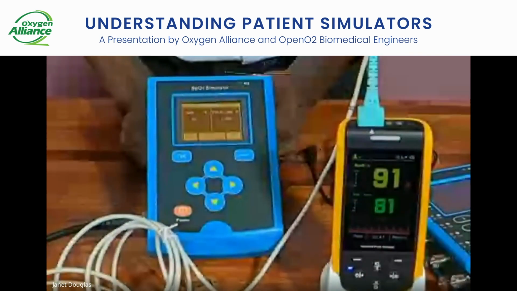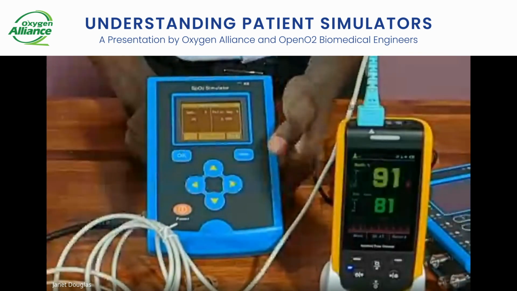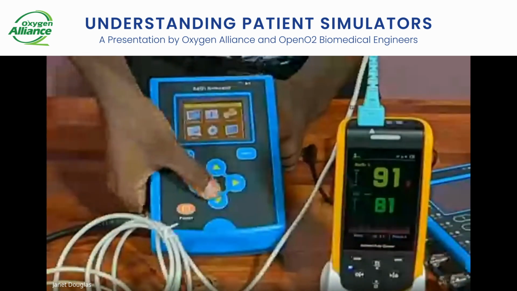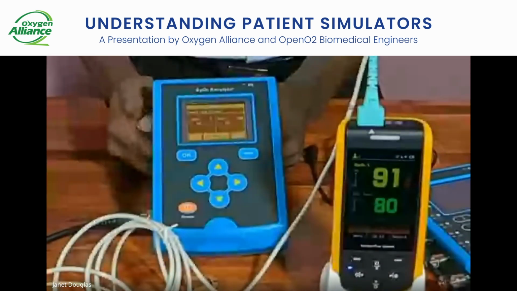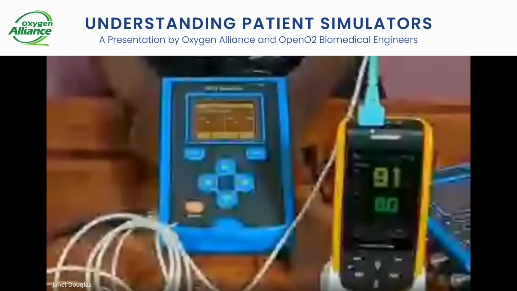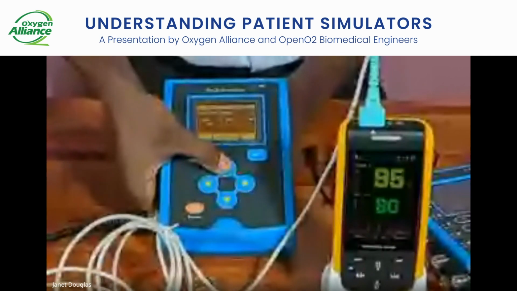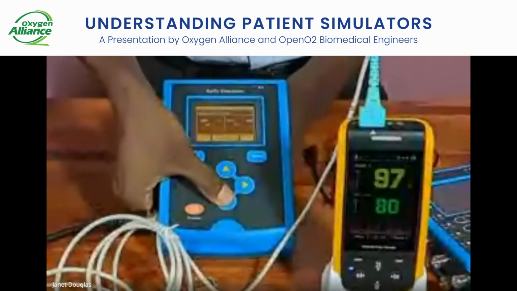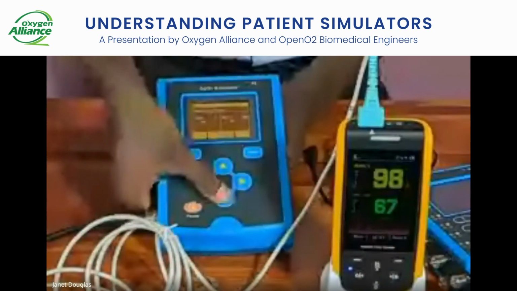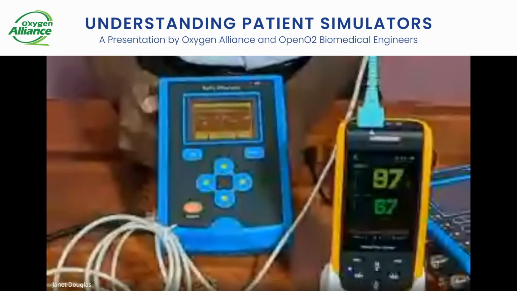Some patients might be able to give you a stronger signal with a bigger amplitude, others might give you a weaker signal. For the presets, for this SpO2 simulator, it has different conditions. For the patient, you have like an obese condition, you have the normal condition, geriatric.